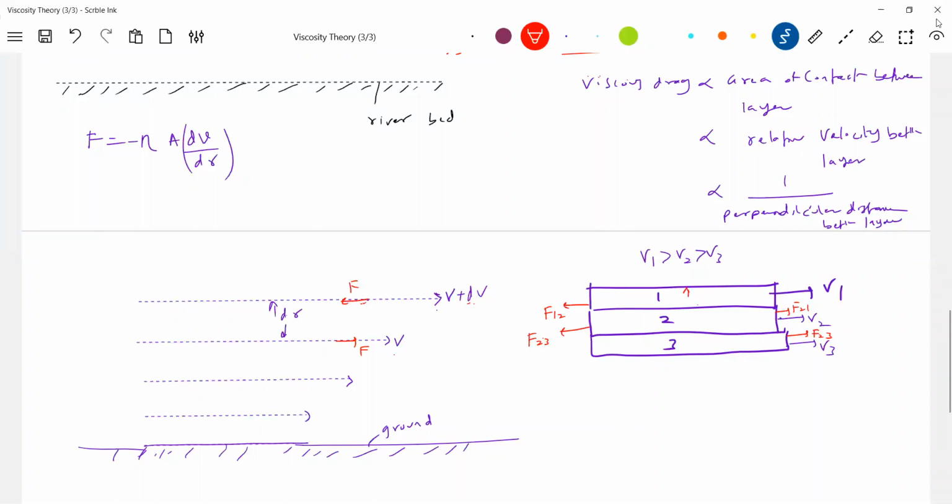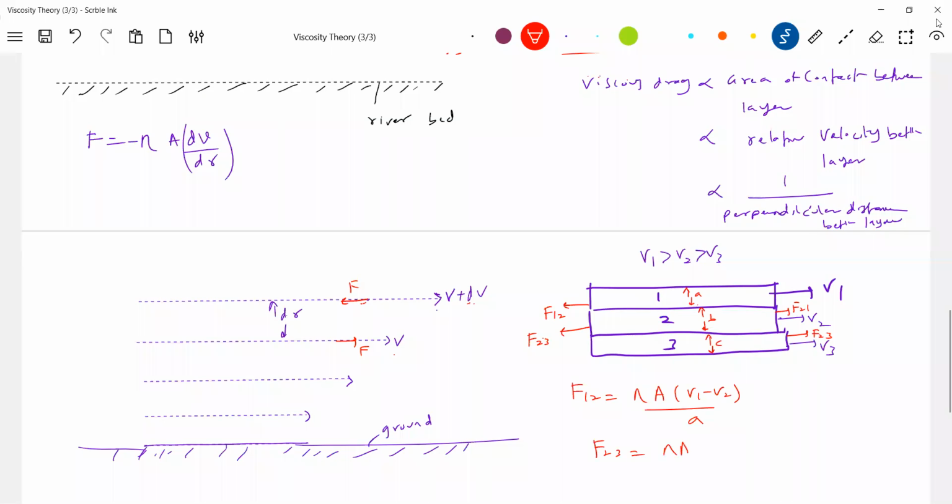Okay, now let's take this as A, this as B, and this as C. Let's write F12. What is F12? Eta, area of contact, let it be the same for both. Now what shall I write for dV? V1 minus V2 by A. Similarly, what is F23?